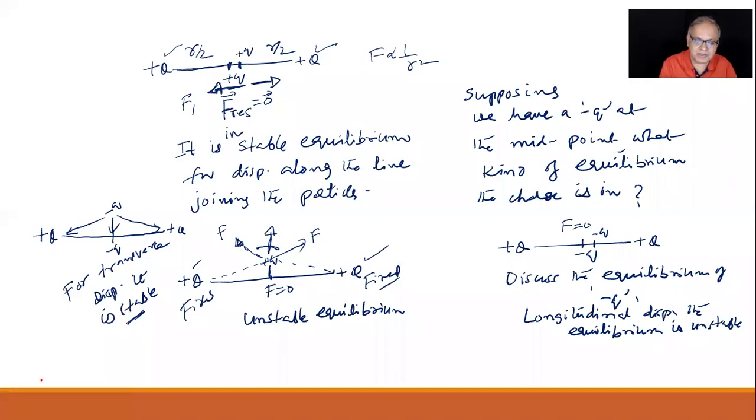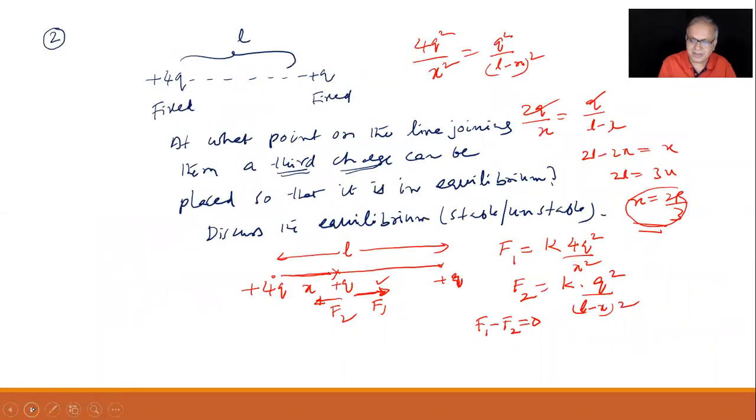If I have plus 4q and plus q, and I place some plus q at 2L/3, it will be in equilibrium, we said. Now displace it and check. It comes exactly the way we discussed previously.